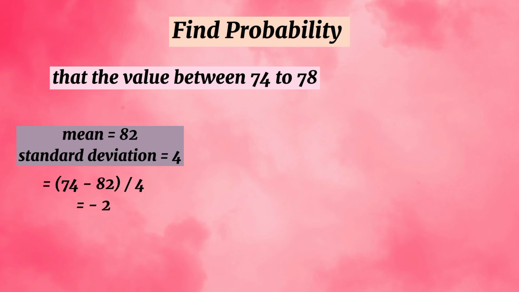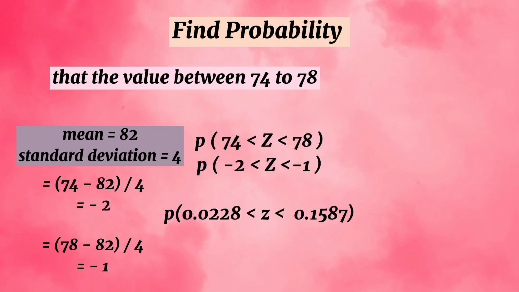74 minus 82 divided by 4 is equal to -2, and 78 minus 82 divided by 4 is equal to -1. Using the z-score table, you can find 0.0228 for -2 and 0.1587 for -1.